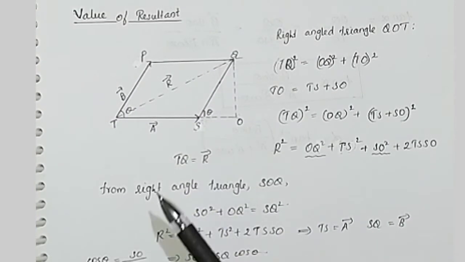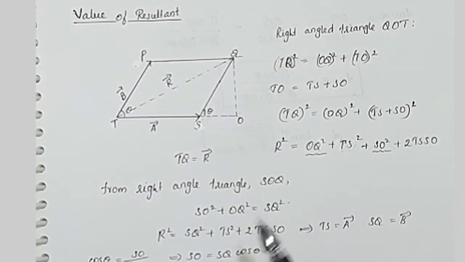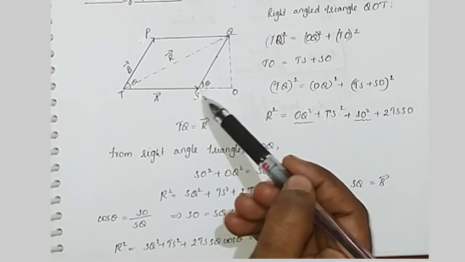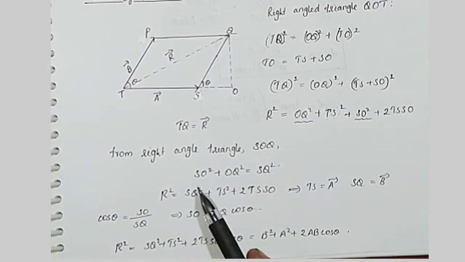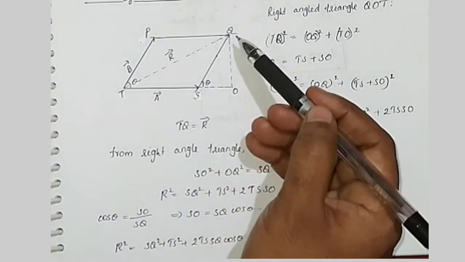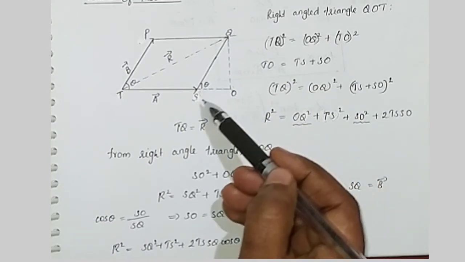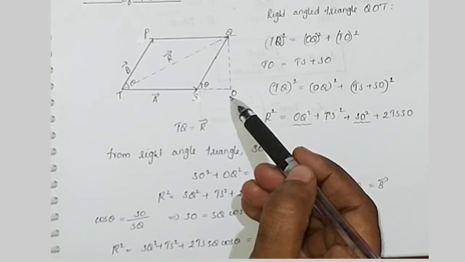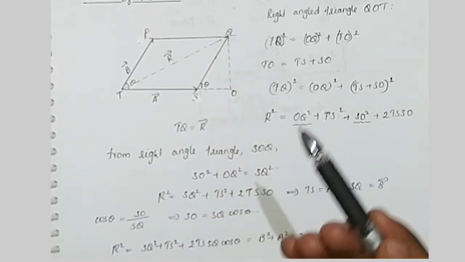And we know that from the small right angle triangle QOS, we can write OQ square plus SO square is equal to SQ square by applying Pythagoras theorem. OQ square, that is one side of the small right angle triangle, plus SO square, the other side of the triangle, we obtain the hypotenuse square.